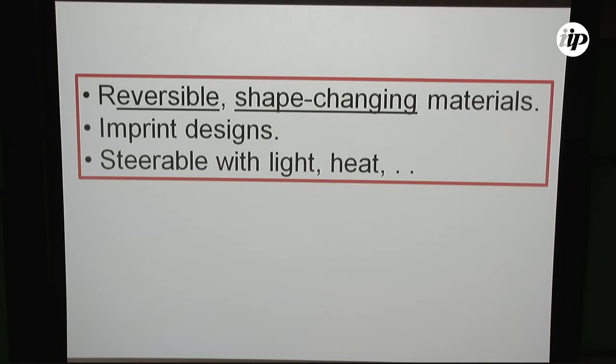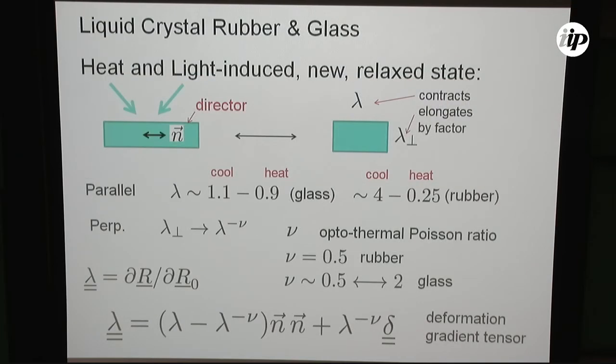So to get there, we need reversible shape-changing materials, and they should be imprintable so we can record what metric we want to evolve to, and they should be steerable, and light is the best one, I think, as well as heat. And then I reviewed a bit about how these things change shape by extending or contracting, by lambda, contracting in this case, along the director, and by lambda perpendicular to the director.